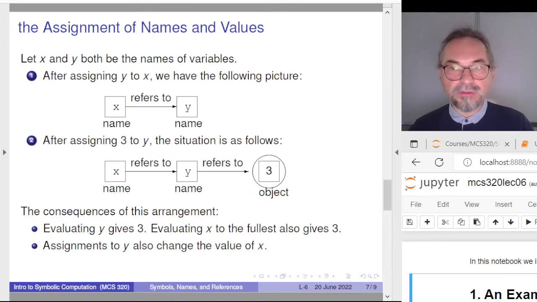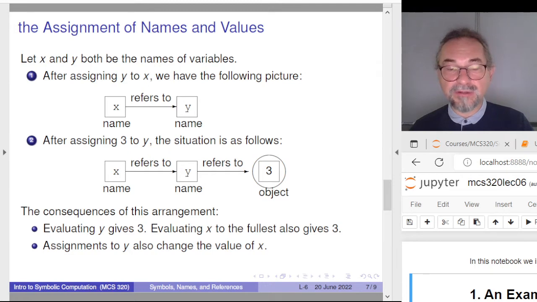What you can also say is that both x and y share the same object. So you can access the object 3 via y, but you can also do this via x.